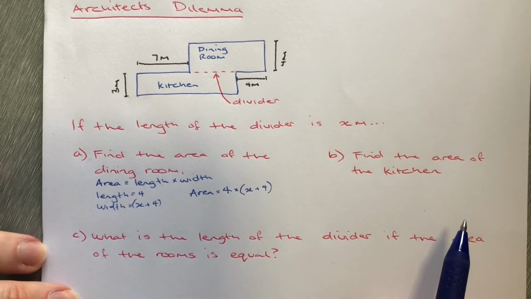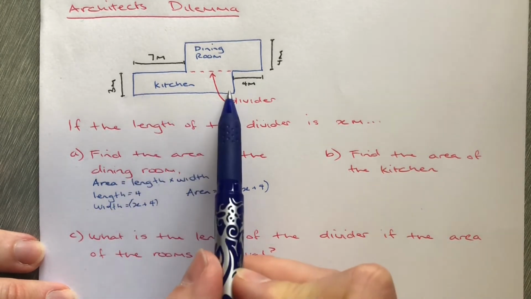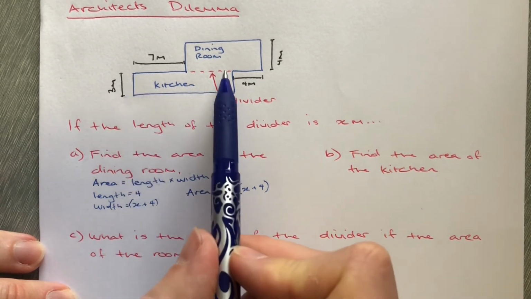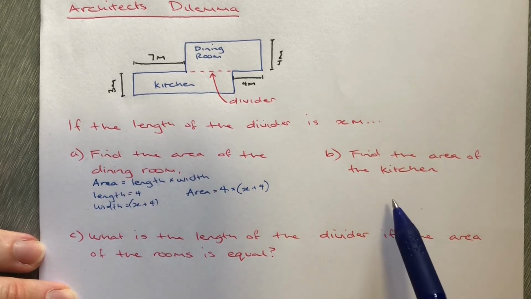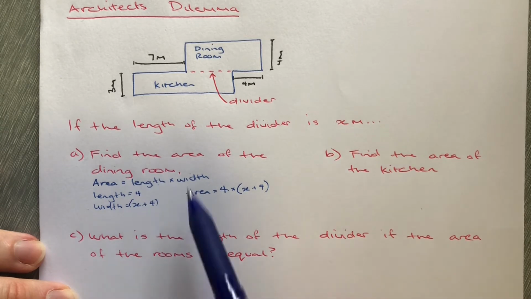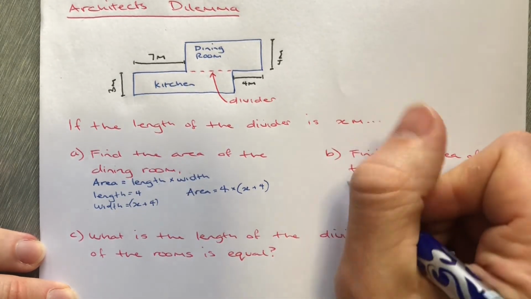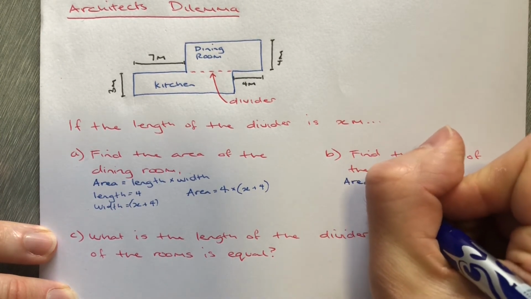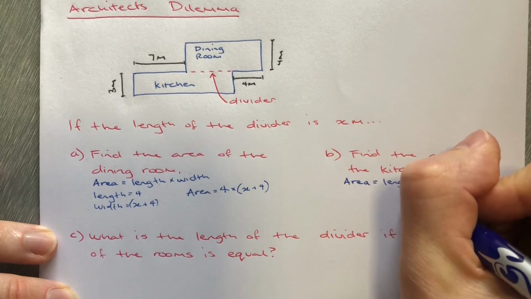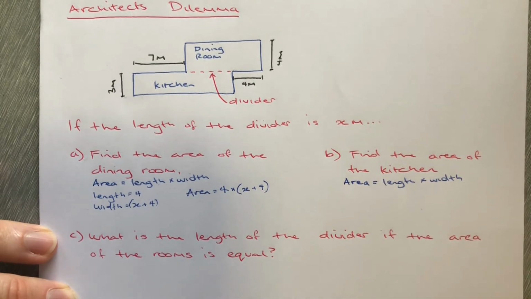Let's move on to B. It says find the area of the kitchen. Now the kitchen's this bit. That's a rectangle as well, isn't it? So what we're doing with this question is really similar to the last question, except we're focusing on the kitchen instead. So again, we want the area of that rectangle, which is length times width, as we spoke about before.